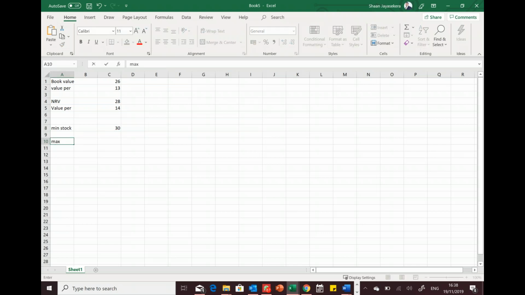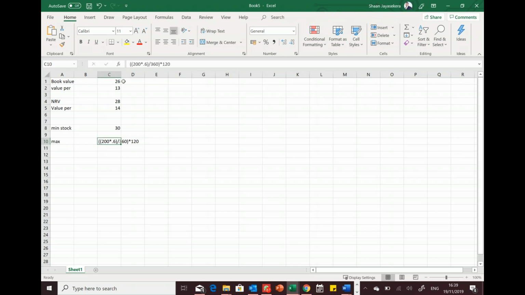The maximum will be pretty much the same thing. It will be 200 into 0.6, divided by 360 and multiplied by 120.